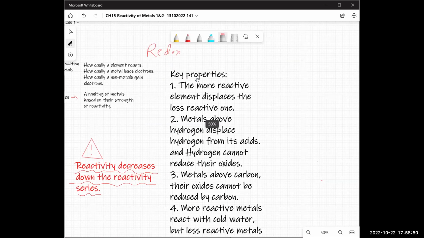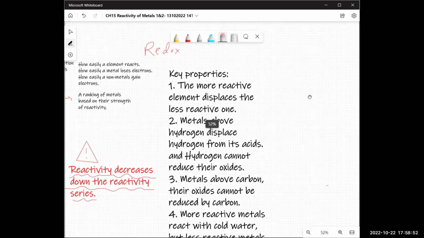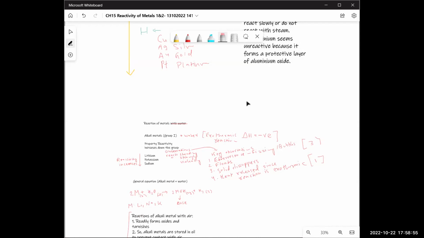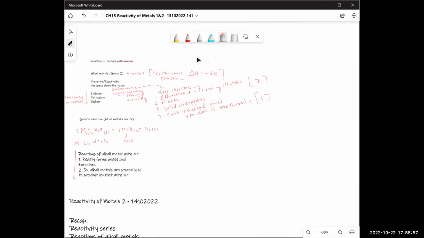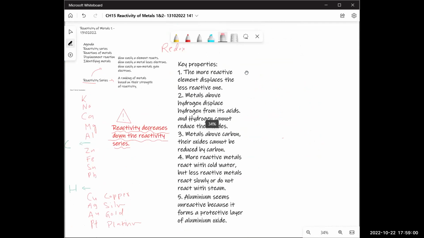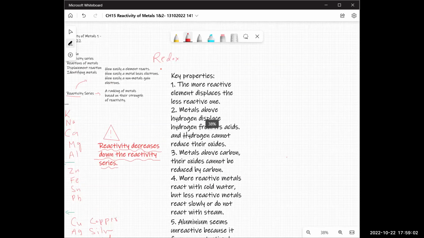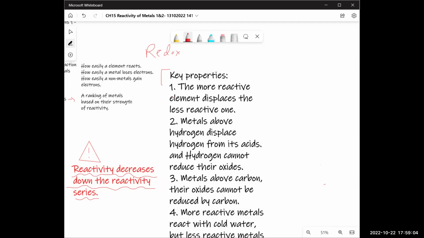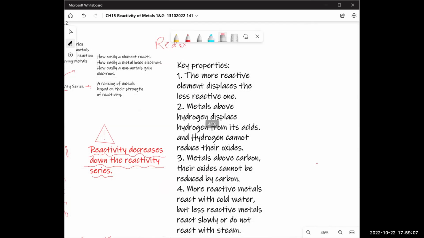Now I want you to read from here. Jawan, read from here. The key properties. The more reactive element displaces the less reactive one. Rania, next one. Metals above hydrogen displace hydrogen from its acids, and hydrogen cannot reduce their oxides.